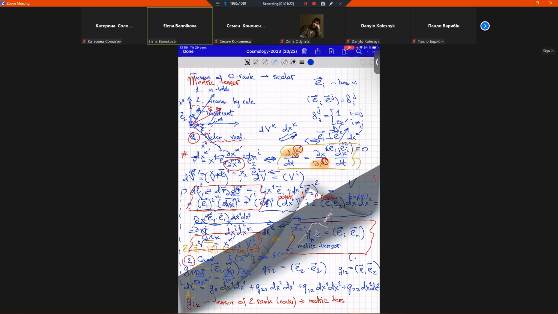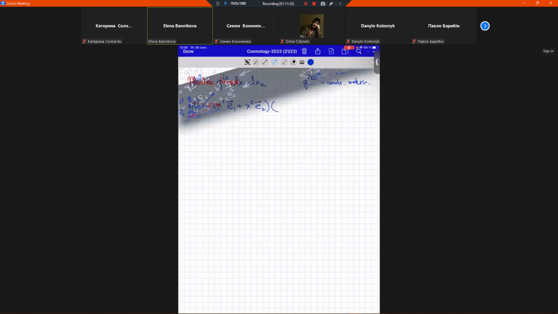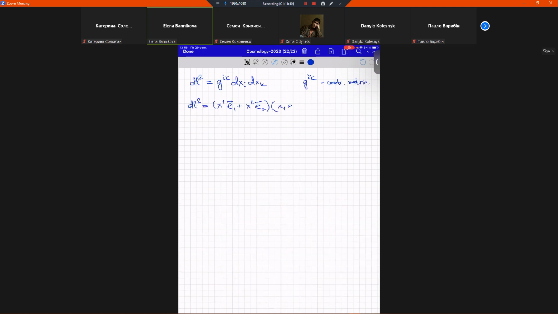I write dx1 e1 plus dx2 e2, multiply, and after this I will use this representation in the covariant components, dx1 e1 plus dx2 e2. So what will I have in this case?